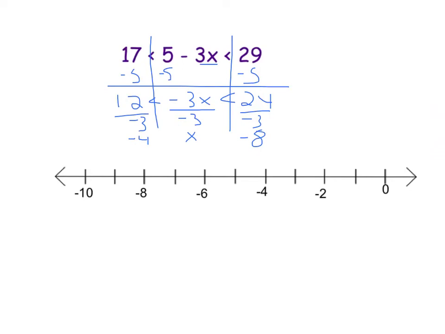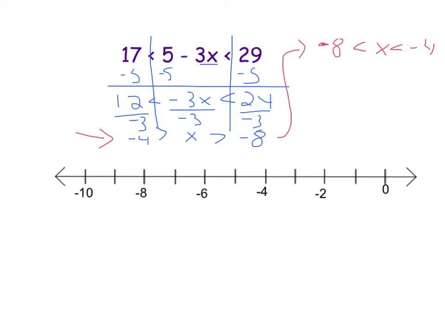Remember though, we just divided by a negative number, so we have to flip all of our signs for it to make sense. I do not like leaving it like this though, because it is not in numerical order, so I'm going to rewrite it. Negative 8 is less than x is less than negative 4. Some of you might be thinking, okay, if I don't rewrite it, will it be counted wrong?